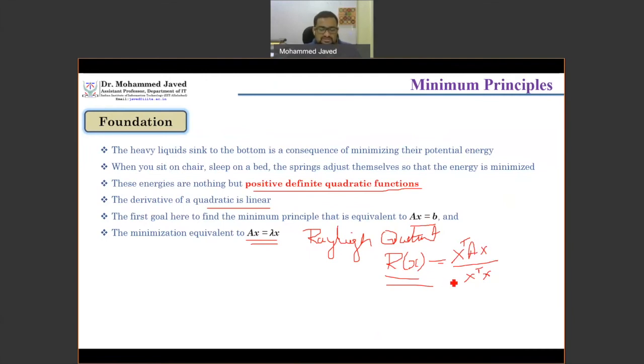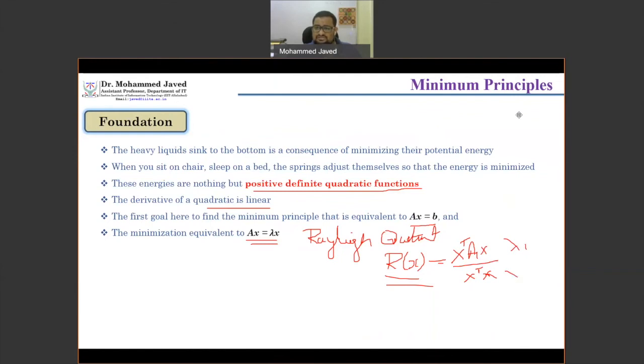That lambda is lambda 1. So I can just read out the Rayleigh principle. The Rayleigh principle says that the minimum value of the Rayleigh quotient R of x is the smallest eigenvalue lambda 1, and R of x reaches that minimum at the first eigenvector x1 of A. Tell me when this will be minimum: when here it is lambda 1 and here it is lambda 1.